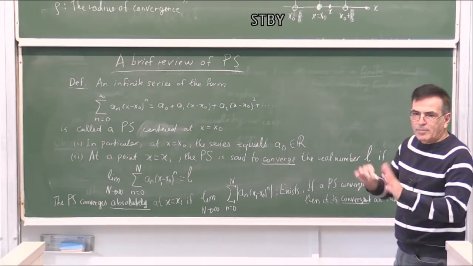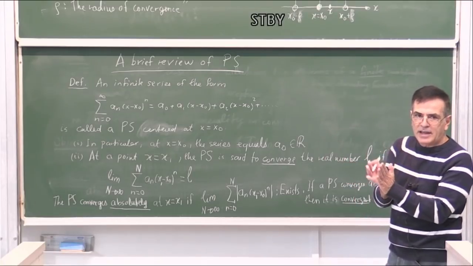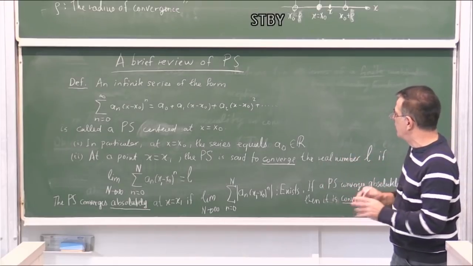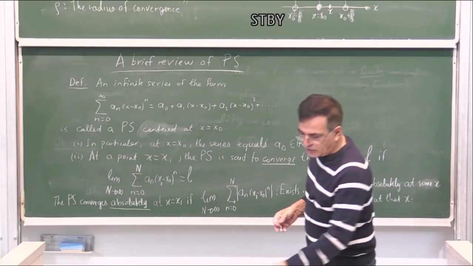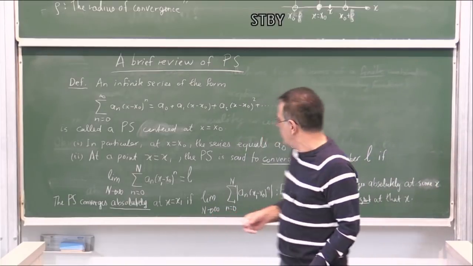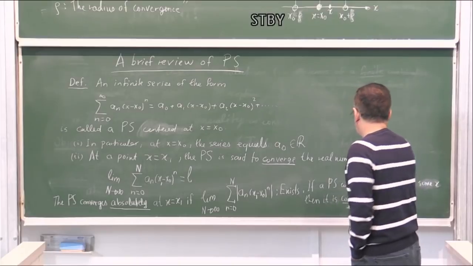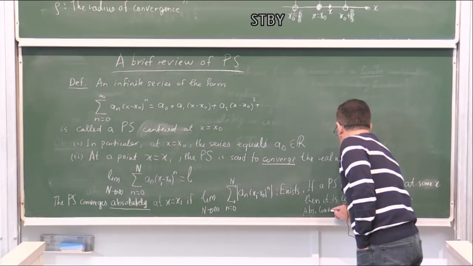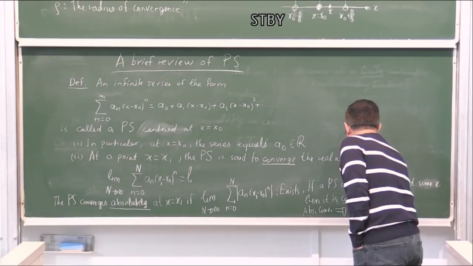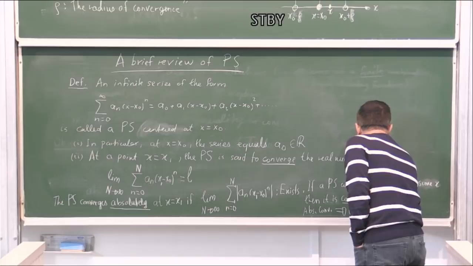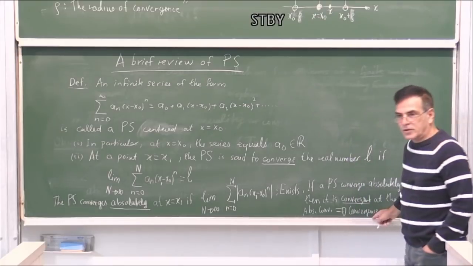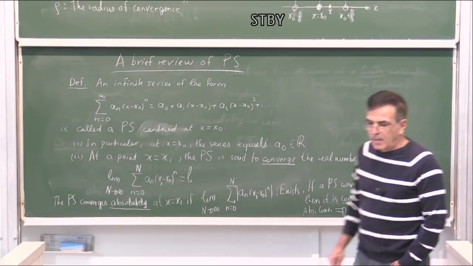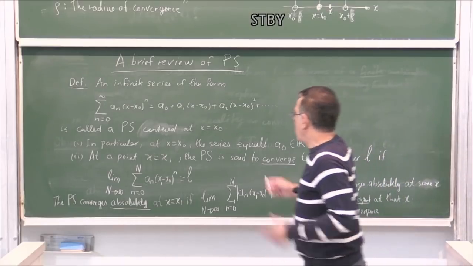That is, absolute convergence implies convergence, but the converse of this statement is in general not true. Good? So absolute convergence implies convergence, but the converse of this statement is not true in general. Okay?